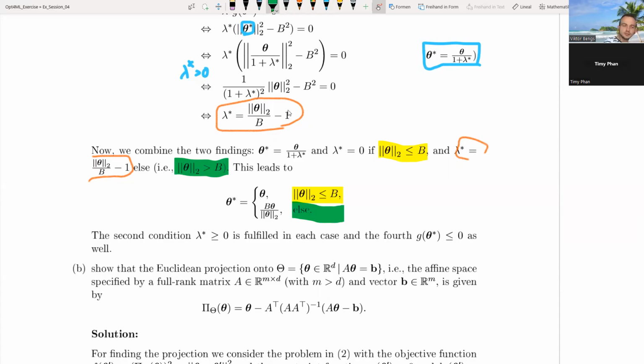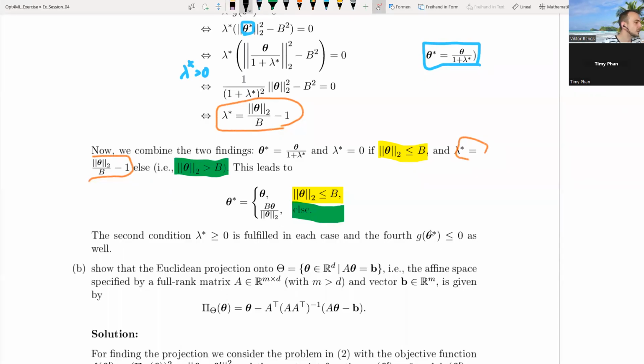And of course, there are two other conditions which we need to check, and it's quite clear that lambda star being non-negative is fulfilled. Here it's 0. In this case, it's also greater than 0, simply because in this else case, the numerator is greater than the denominator. So we have here something which is at least 1. We subtract from that a 1, so we are having a non-negative value there.